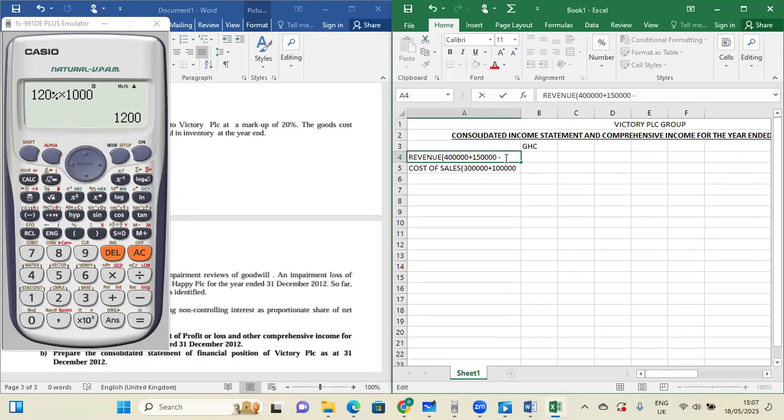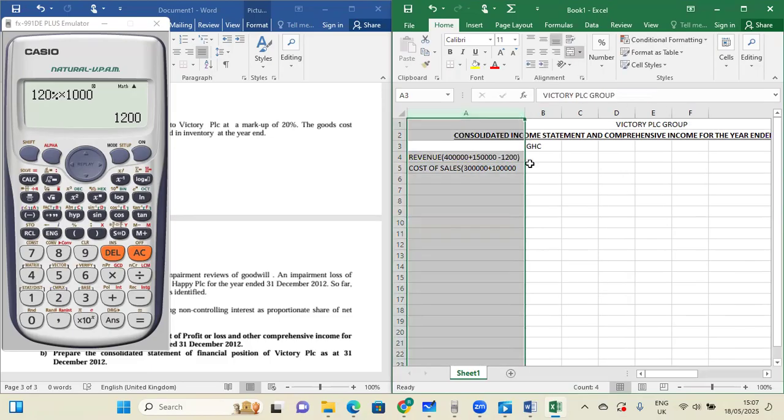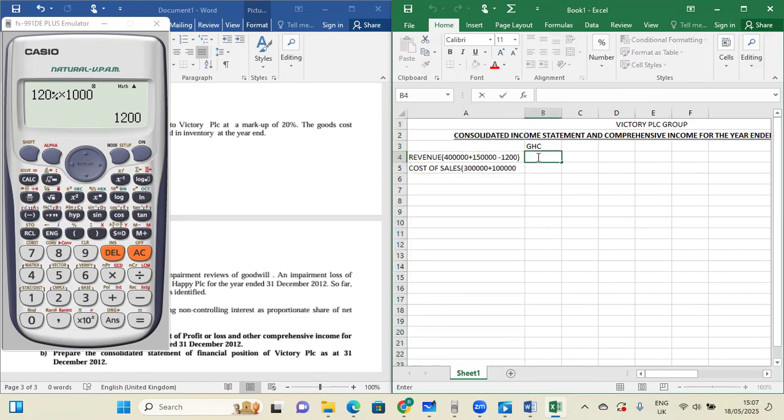So minus 1,200. Now we can close the brackets for the revenue. And then this is going to be equal to 400 plus 150 minus 1,200. And this is it here.